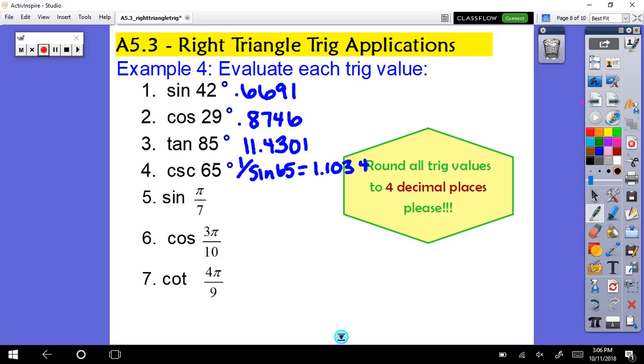All right, look up and check your 3 degree ones, and then we'll switch over. If you've checked those, go ahead and flip your calculator to radians mode and do the last 3.